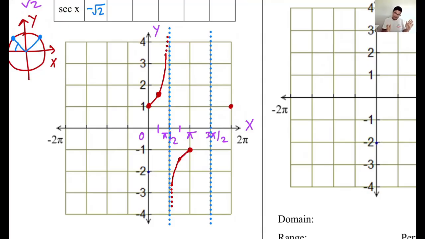On the left side in the first quadrant, it goes to plus infinity. On the right of it in the second quadrant, it goes to negative infinity, because secant, like cosine, is positive in the first quadrant and negative in the second quadrant.